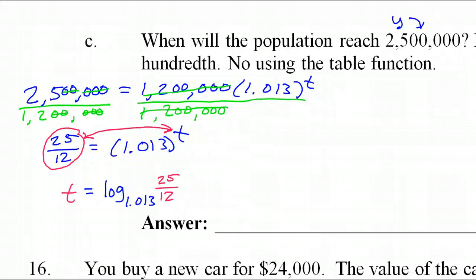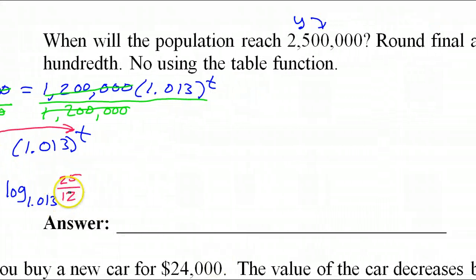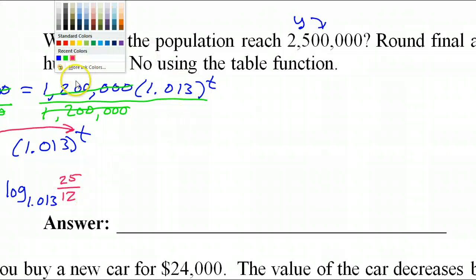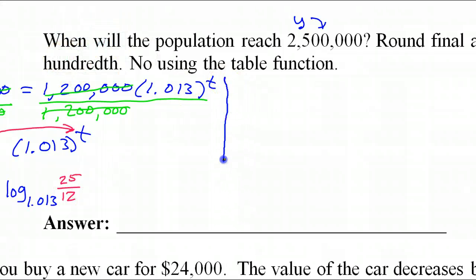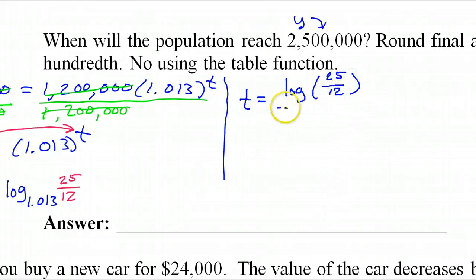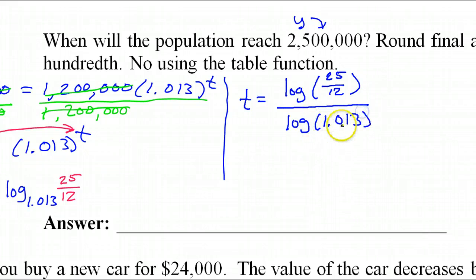I would love to put this into my calculator, but I'm going to have to do a change of base to make this happen. So t equals log 25 over 12 on the top, and log 1.013 on the bottom. Should be easy enough.